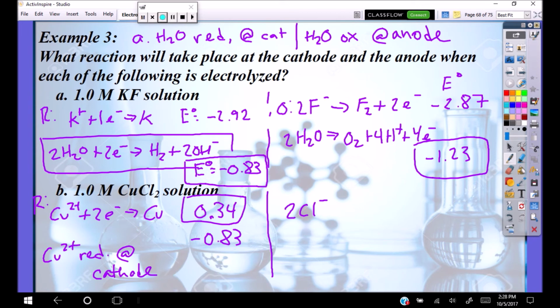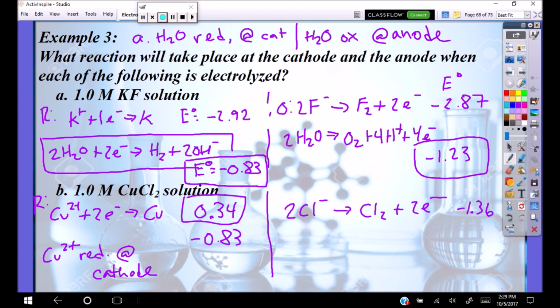So the thing that you see on your reduction table is Cl2 plus 2 electrons gives you 2 Cl-. If we reverse that, then we get Cl2 and 2 electrons. Remember, oxidation is loss. So we flip them. The sign originally was 1.36. If you look on your table, it becomes a negative 1.36.